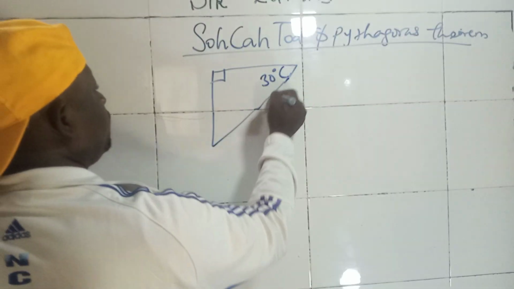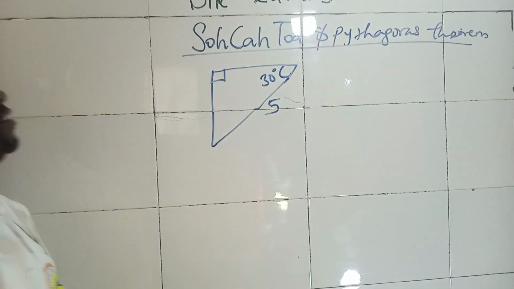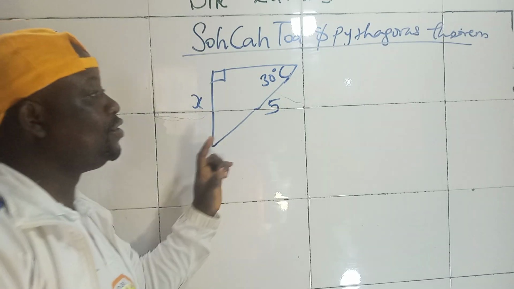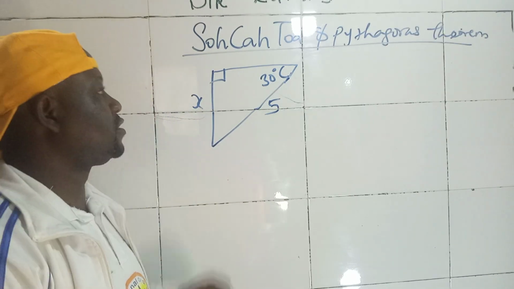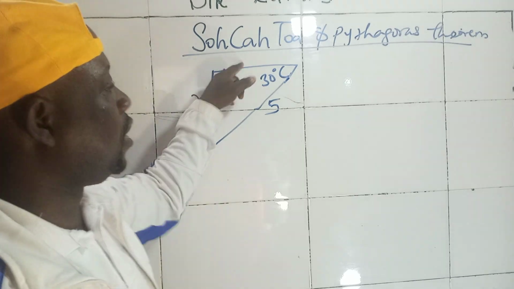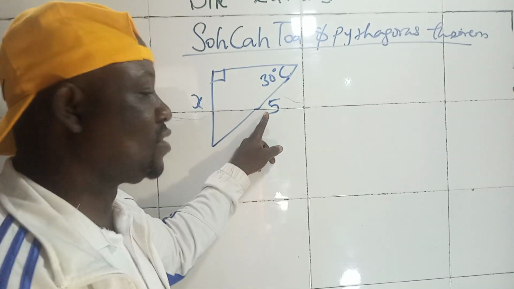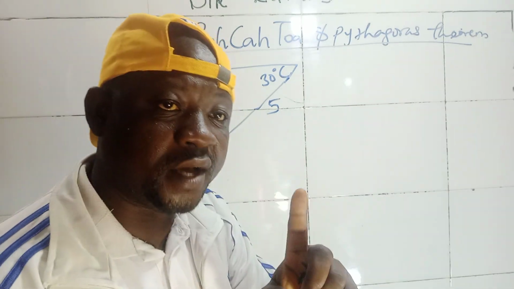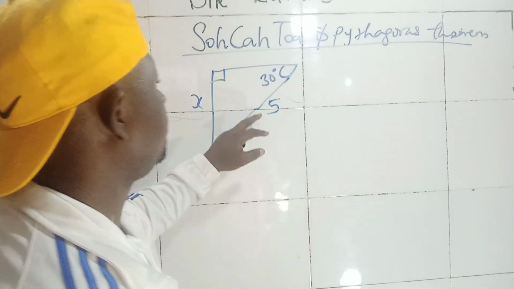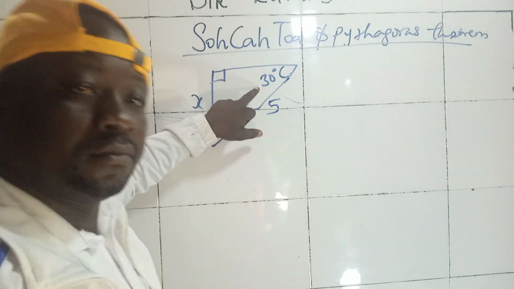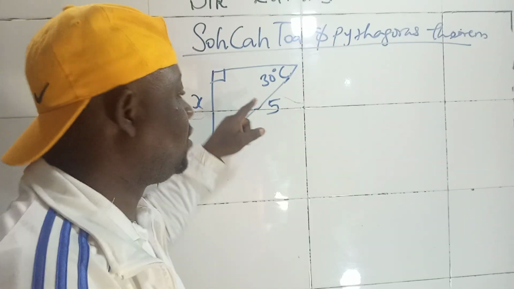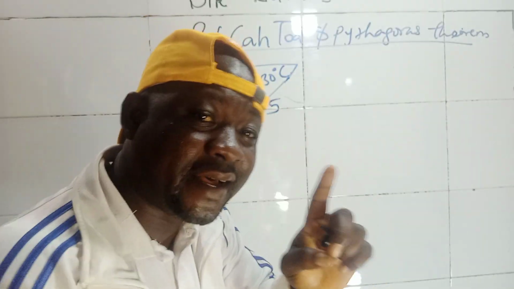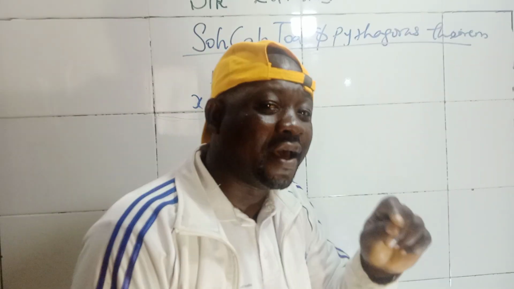Maybe I now put 5 here. I said find the value of x. In this kind of condition, first, how many sides do you have? You have just only one side. So it means that you cannot use Pythagoras theorem. Now you have one angle. Once you are given an angle and you have one side, automatically they are telling you to apply what?